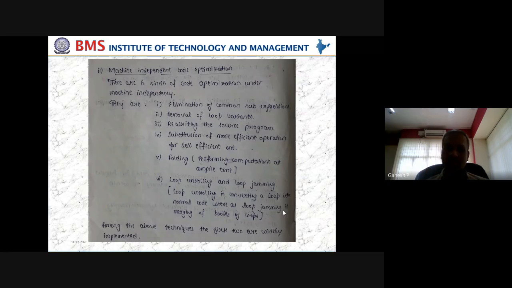So one is rewriting the program, the other is replacing the less efficient instruction or construct by a more efficient construct or operation. The next two things are very generic in nature. Folding, that is, can we perform all this data at compile time itself?